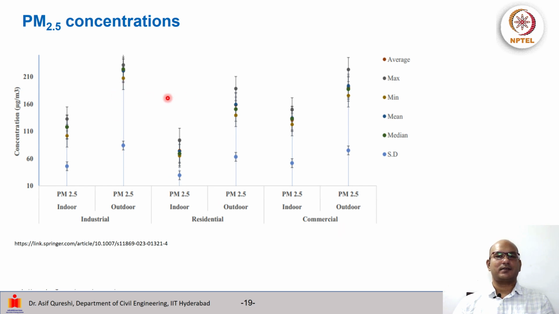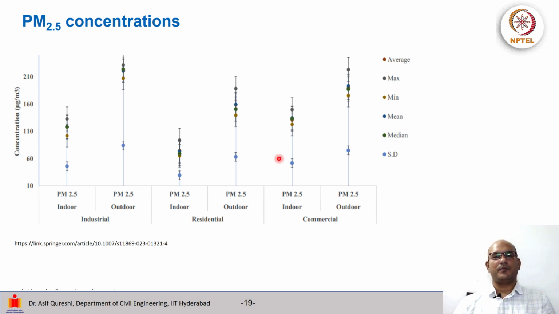In all 3 cases, the PM 2.5 was higher outdoors than indoors. The outdoor PM 2.5 concentrations were similar in the industrial and commercial areas, and a bit lower in the residential area. Likewise, the indoor concentrations were not too different in the commercial and industrial, but lower in the residential.